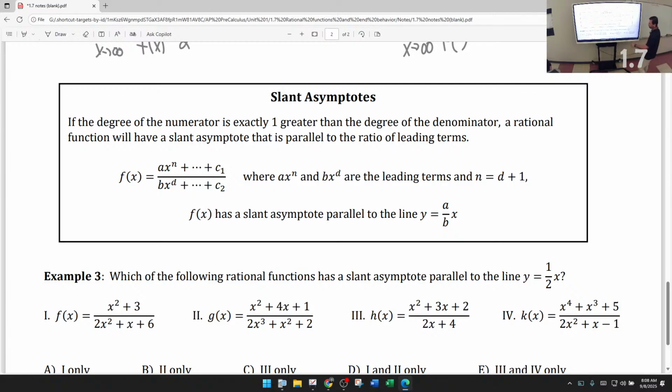Has a slant asymptote that's parallel to a/b. And so that's why they put y equals a/b x with a y-intercept of 0. So it's parallel to that one. Woo! I thought I was done with geometry. So parallel. I know what the slope is, just don't know where it is. We will, we just don't now.